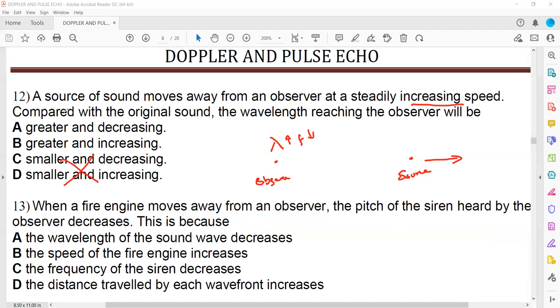We are left with A or B. The wavelength the observer receives will be longer or greater. And because the object is accelerating, the wavelength will continue to increase. So B will be the right answer.